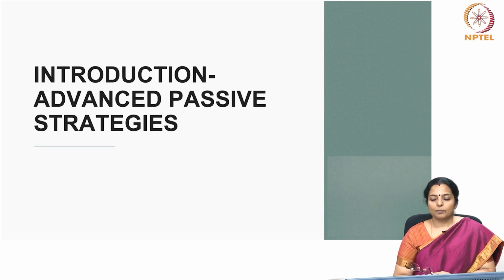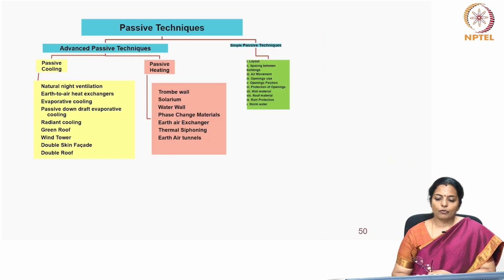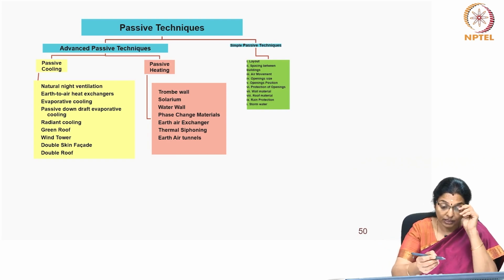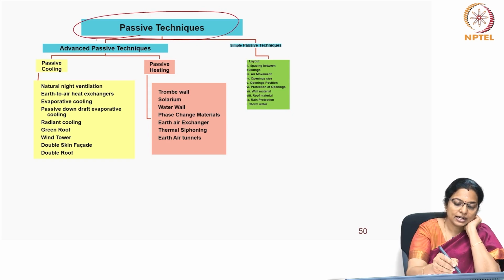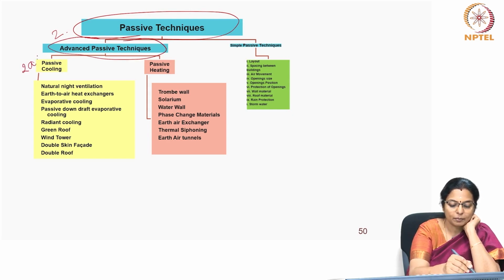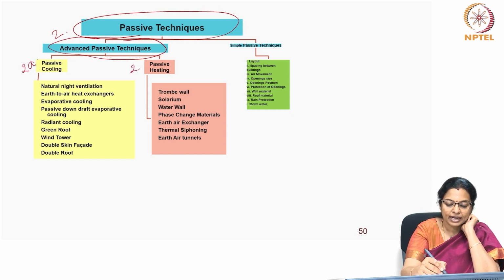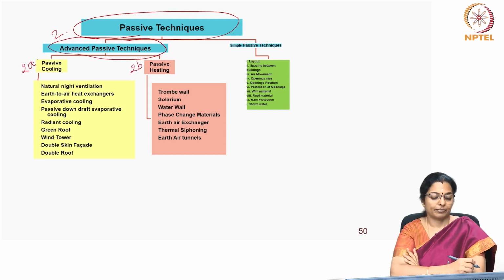How do advanced passive strategies fall in the realm of passive techniques? So you can see that under passive techniques, which we had already seen, we have advanced passive techniques, under which we have passive cooling and passive heating.